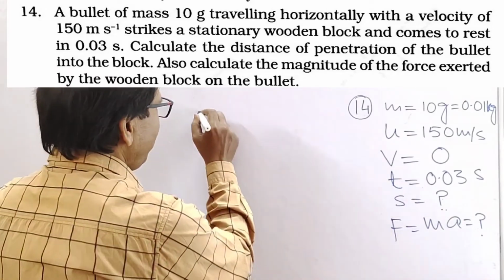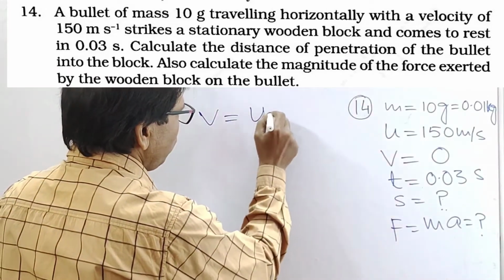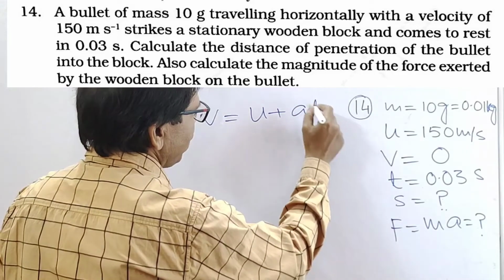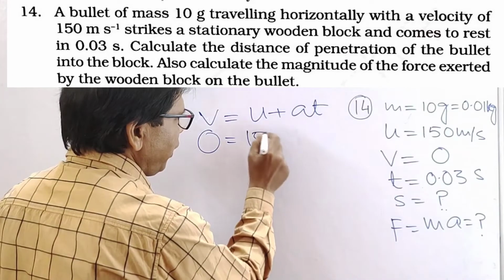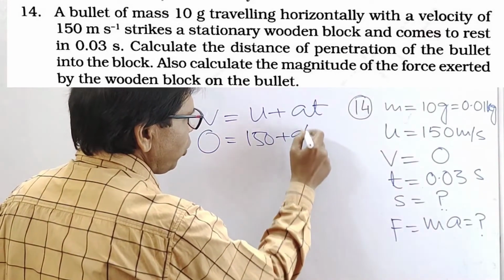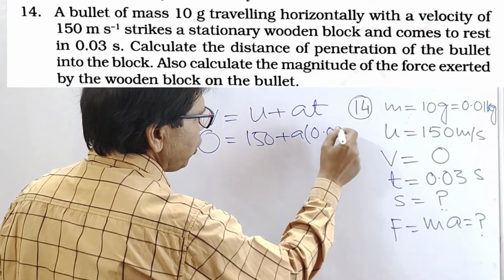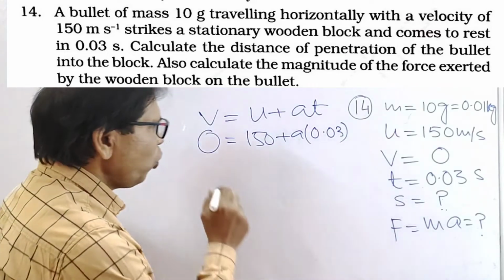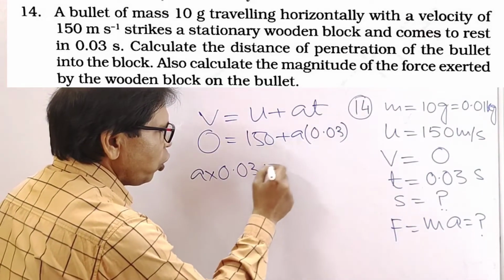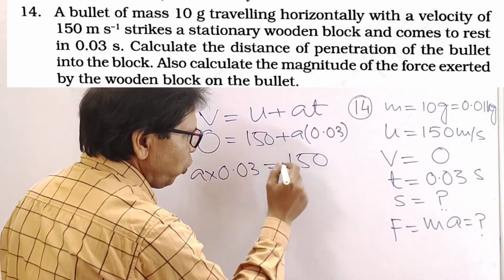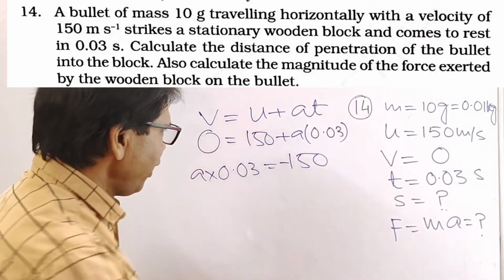Look at this, here v is equal to u plus a into t. Look at this, here 0 equals 150 plus a into 0.03. Okay. So look at this, a into 0.03 is equal to 150 with negative sign.